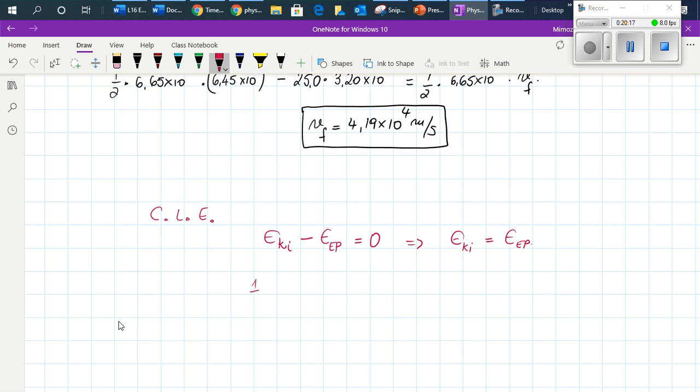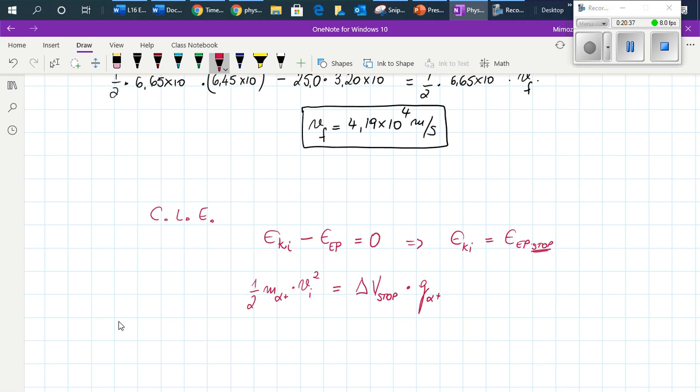Or 1/2 mass of alpha particle times initial velocity to the power of 2 is equal to delta V, the delta V that will make the alpha particle stop, times the charge of the alpha particle.